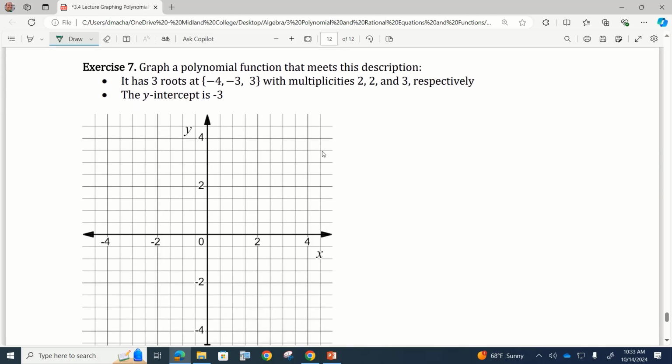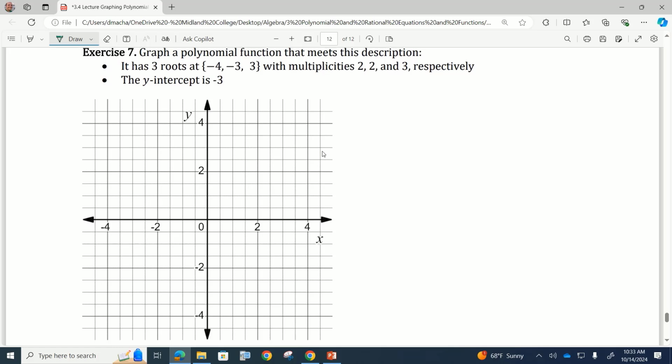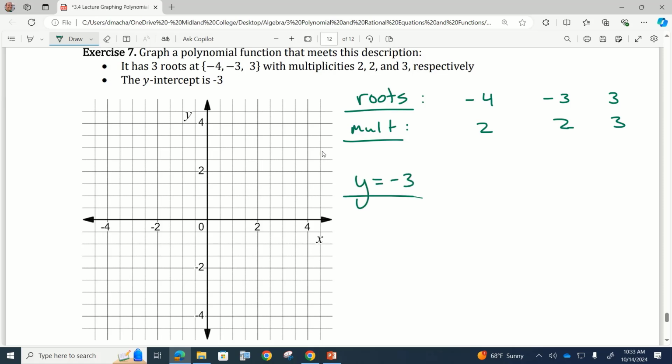It won't give you a function. It's not going to tell you what the function is, but it will tell you that your polynomial function has roots at -4, -3, and 3, and that those roots have a multiplicity of 2, 2, and 3. It will also tell you that your y-intercept is at -3, or something like that. It will give you a description rather than giving you a function.